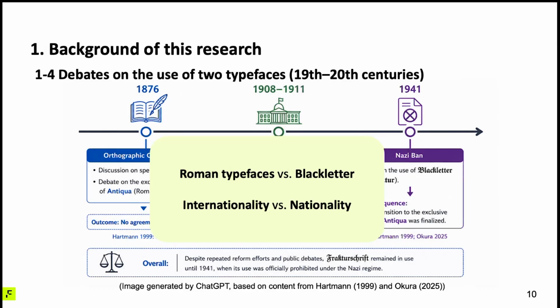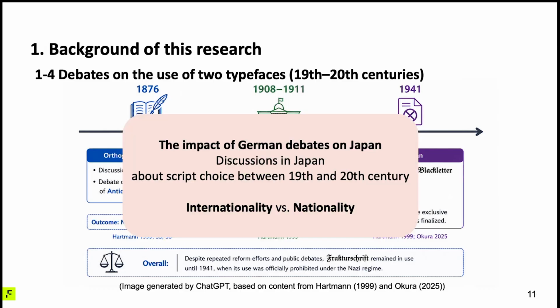Roman typefaces were associated with internationality, whereas Blackletter was associated with national identity. The debates in Germany also had an impact on Japan. A similar discussion on script choice was taking place in Japan at the same time, between internationality and national identity.